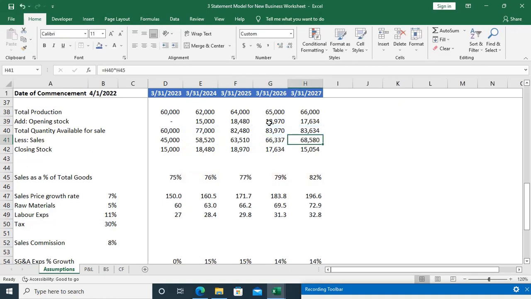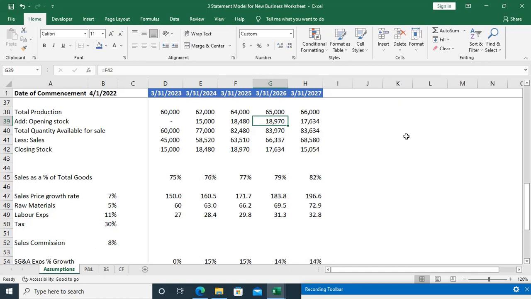You can check the closing stock also. Available quantity you can definitely check. Opening stock you can check. So now I think we are done with the assumption part.